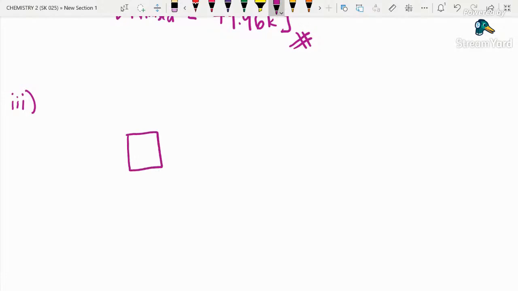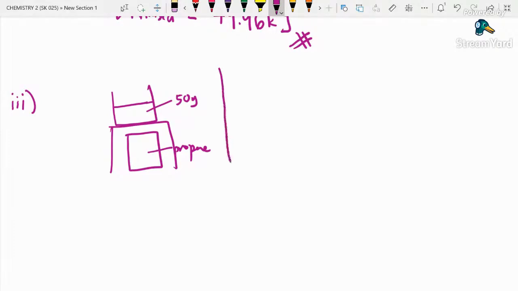Maknanya, biasanya kan kita pakai Bunsen burner. Let's say our Bunsen burner contain propane. And then we try to boil a water, which is how many gram of water? 50 gram of water. We assume that system ni adalah isolated.